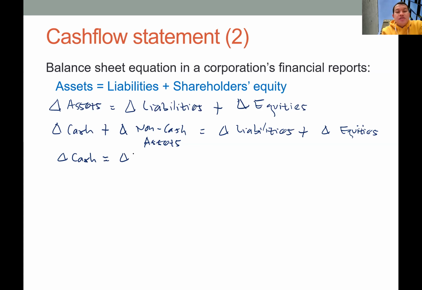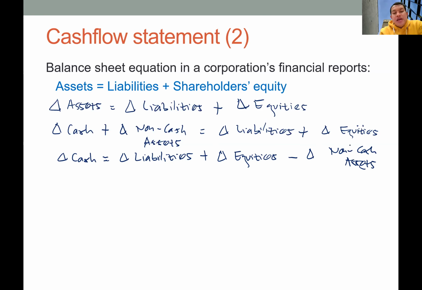So changes in cash will be equal to changes in liabilities plus changes in equities minus changes in non-cash assets. This last equation is basically the main logical relationship between cash and other accounts in the balance sheet.